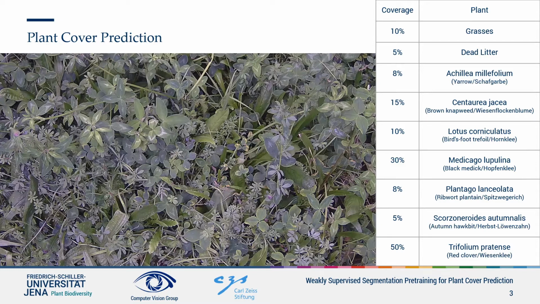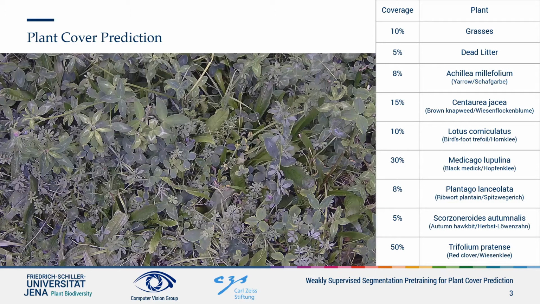You can see that this kind of analysis is quite complex, as the plant species can look very similar. They have different sizes, and of course, as you can see in this image, they also strongly occlude each other.